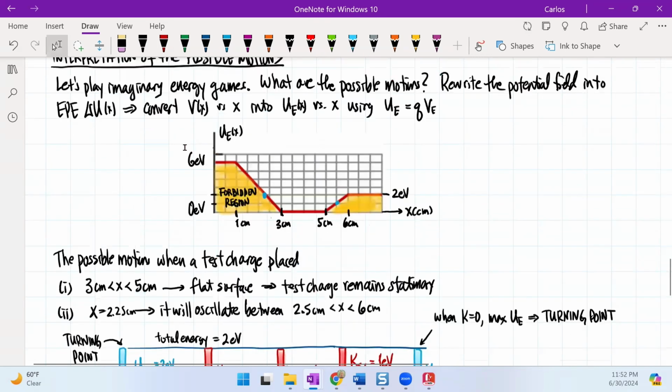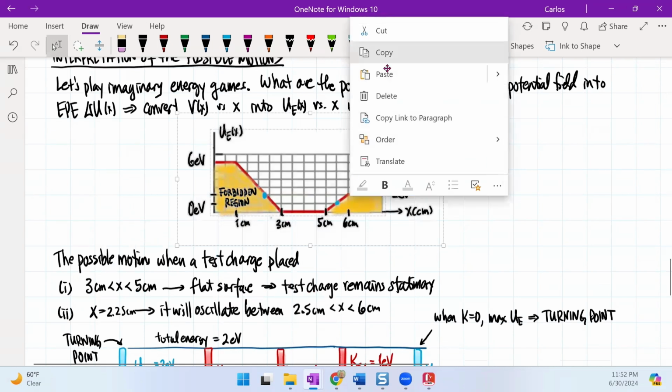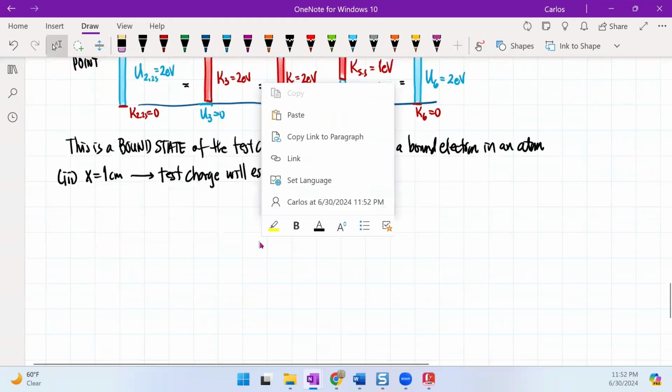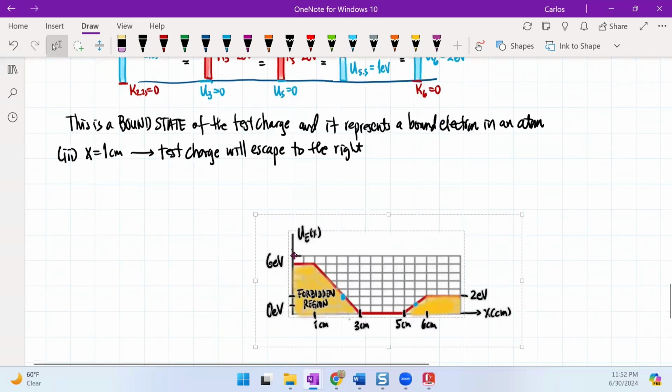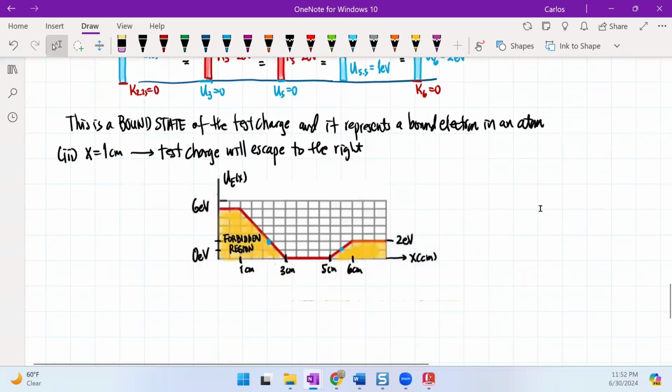So if I come back, I want to look at this one. Instead of going back and forth, let's just place this right here. And now what I want to do is get rid of these blue points. Now we're going to take a test charge and put it right here.